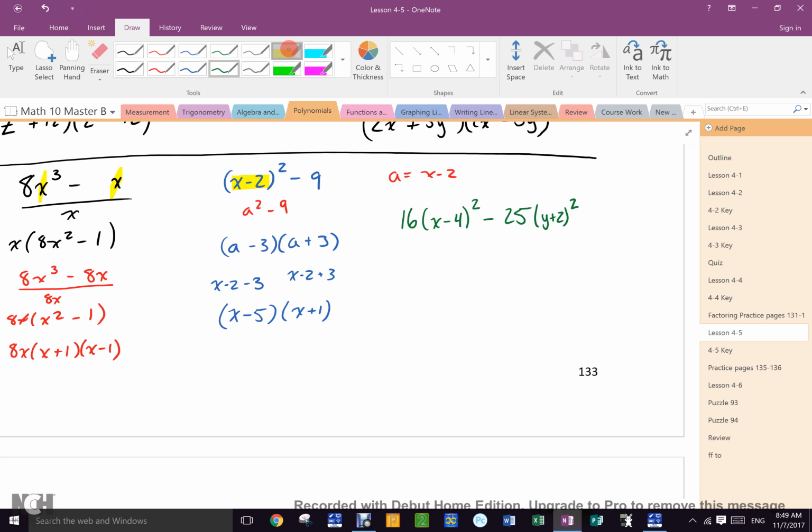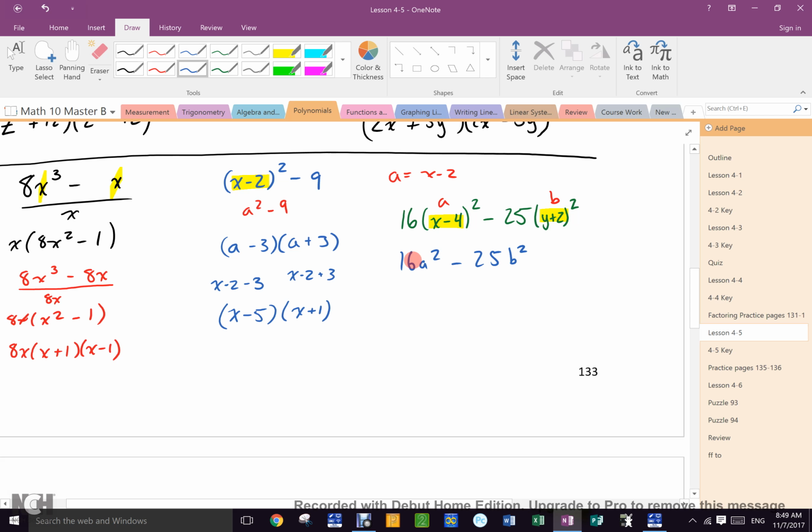What can I do with that and that to make it look prettier? I can change it, can't I? Can I use the same letter, Jordan? No, why not? Because they're two different binomials. So I would need to write, I'm going to make him A and him B. Is that cool? So I get 16A squared minus 25B squared, don't I?